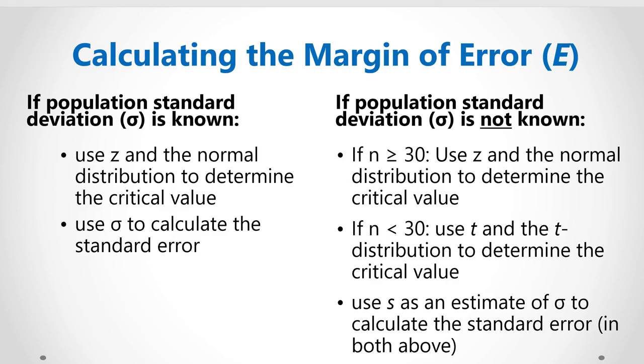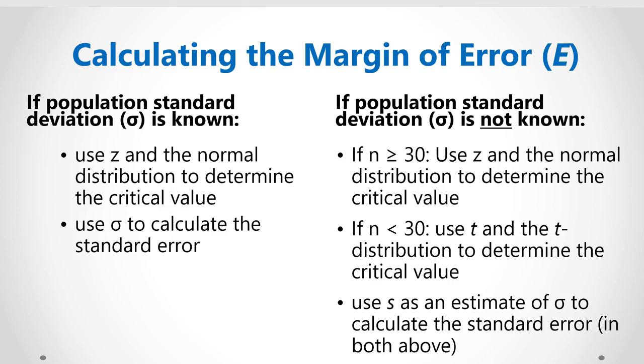If n is less than 30, then we use a t critical value and s as an estimate for sigma to calculate standard error.